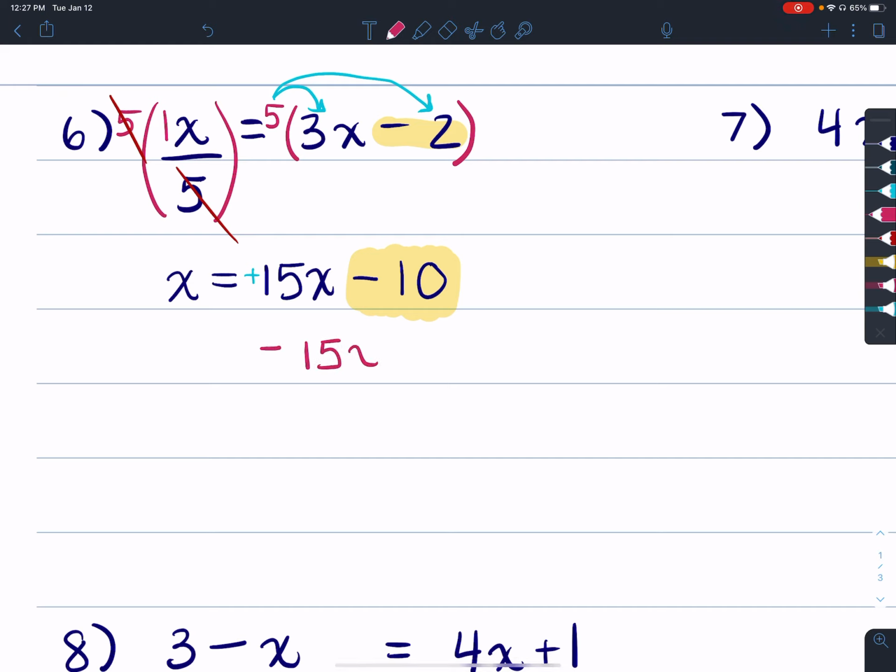I'm subtracting 15x from this whole side so that I only get that -10 left over. What I do to one side, I have to do to the other. So I'm going to do -15x on this side as well. So now on the left, I'm going to be left with -14x equals -10.